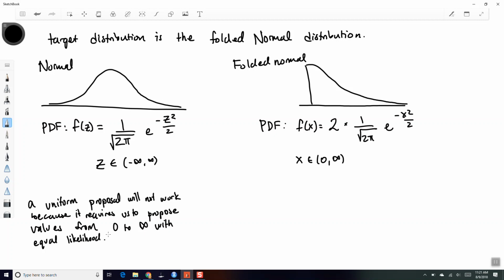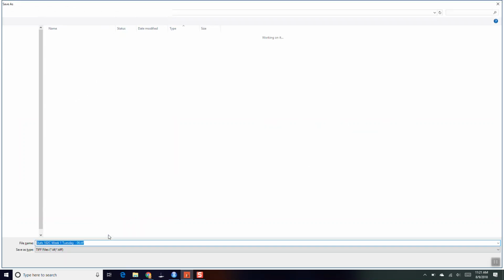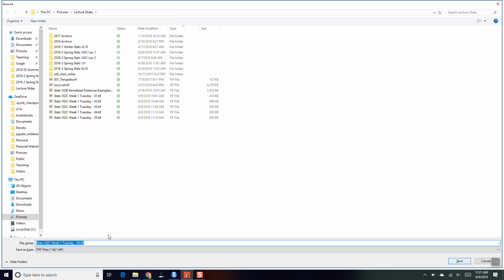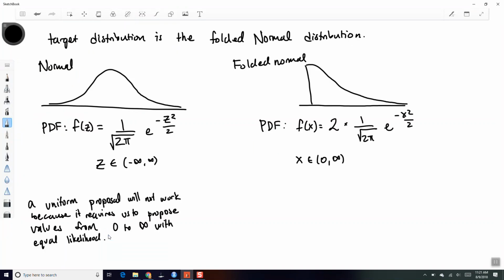Now we could say, for all intents and purposes, let's just say the normal distribution ends at 6. Then it could be done, okay? But then you'll never generate a value bigger than 6, which may or may not be a desirable feature, okay?